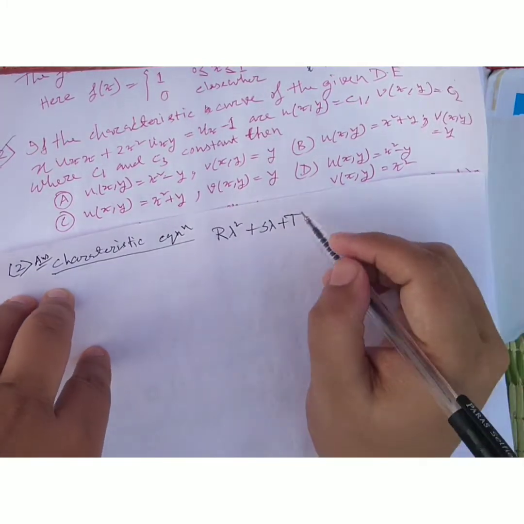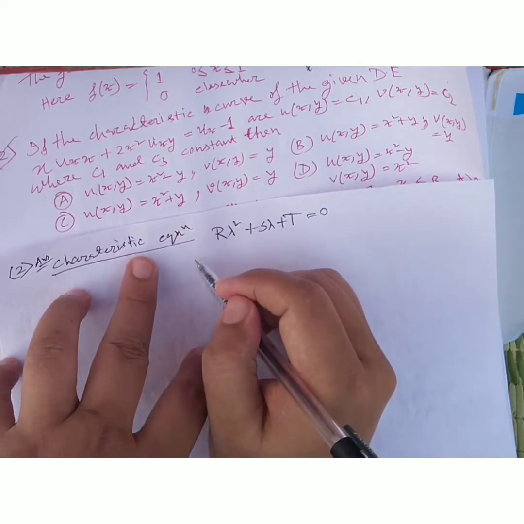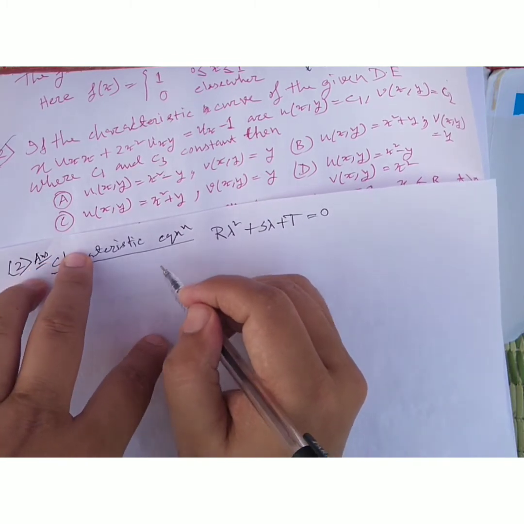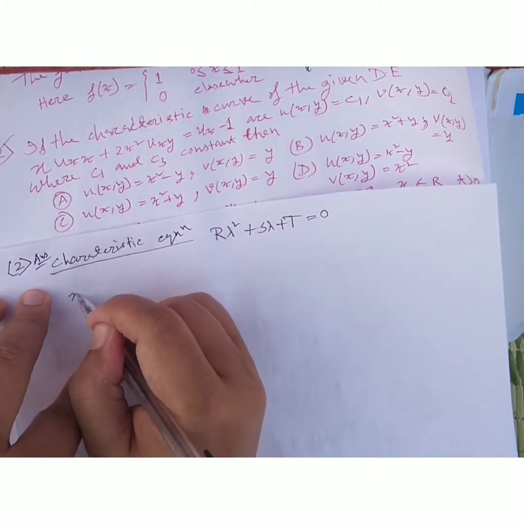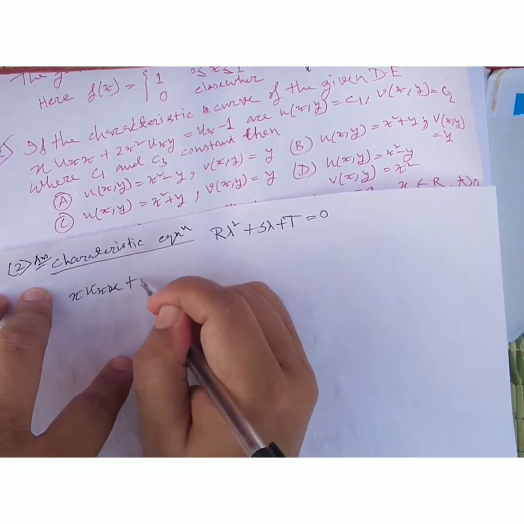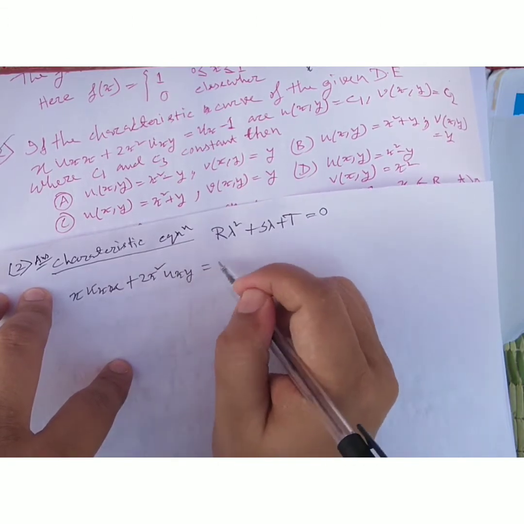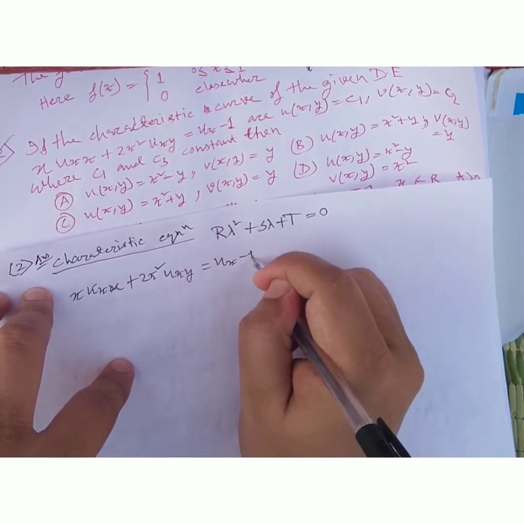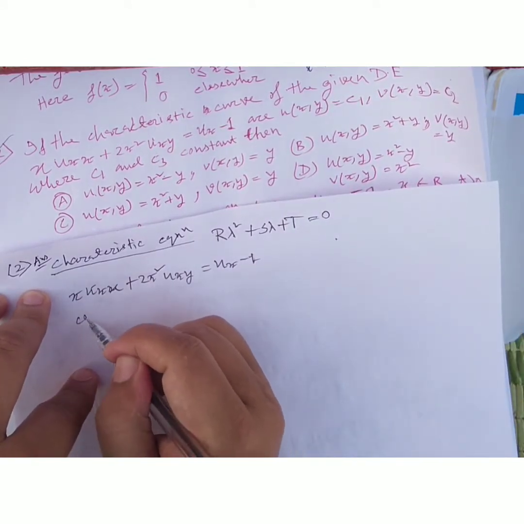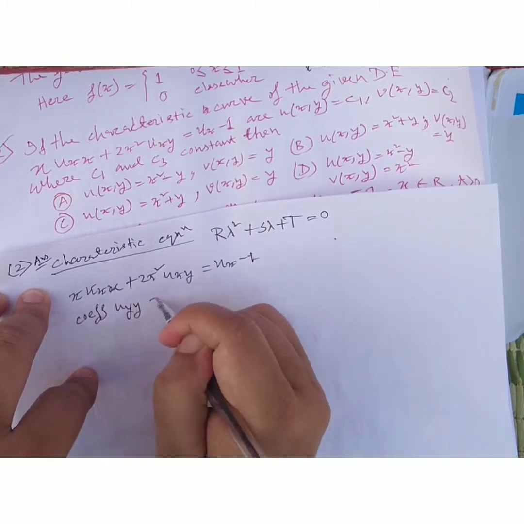In here, must remember, r is the coefficient of uxx, which is x, s is the coefficient of uxy, which is 2x square, and the coefficient of uyy is equal to 0, so t is equal to 0.